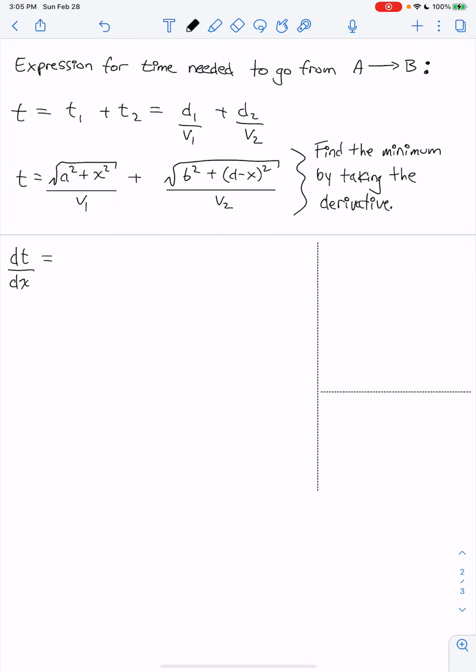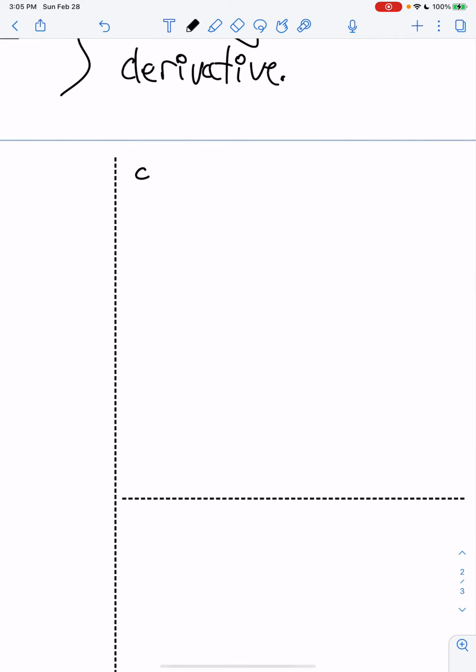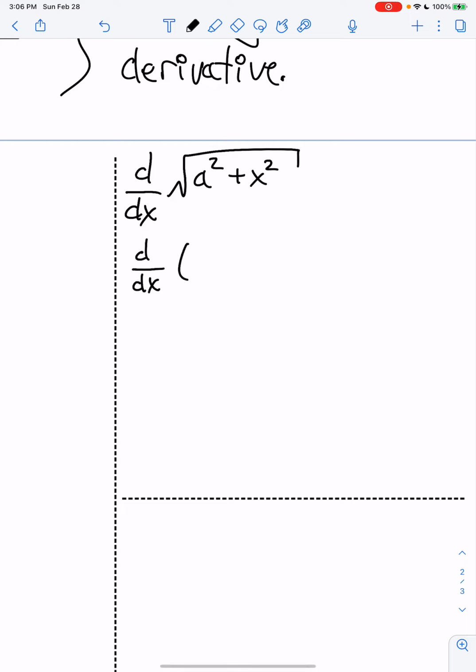So if we do that, let's remind ourselves in general what that derivative form looks like. Let's just zoom in over here and say we've got d dx of the square root of a squared plus x squared. Okay, so what does that look like? Another way to write this would be d dx of (a squared plus x squared) to the 1/2.